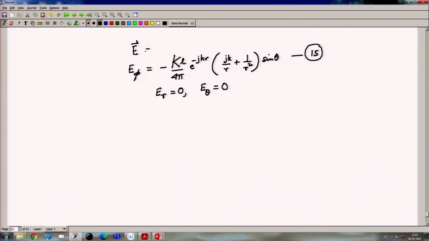So, therefore, the radiated electric field will only have a phi component, with the radial component of the electric field 0 and with the elevation component or the theta component of the electric field also equal to 0. So, we can club all of them into equation 15.